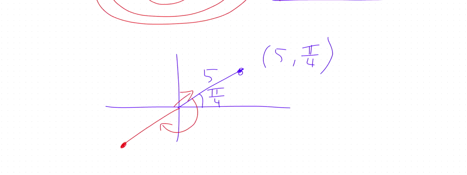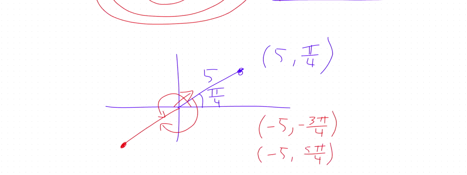So basically you're walking backwards. So -5, and then here would be a -4. Or we could rotate that way. So it would be a -5, 5 pi over 4.